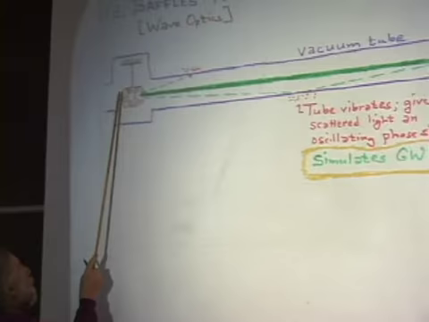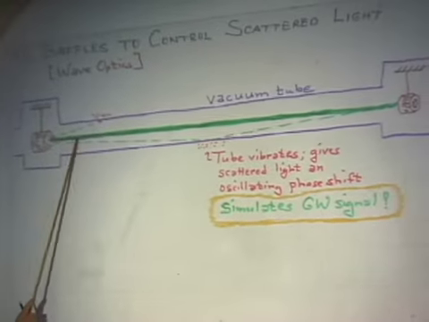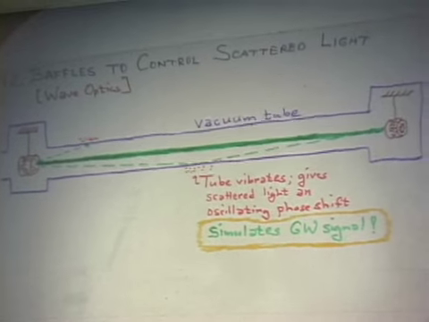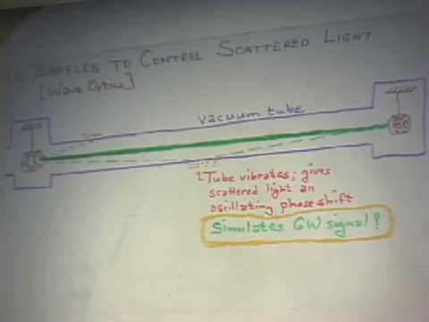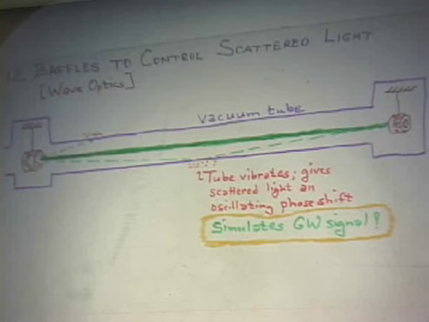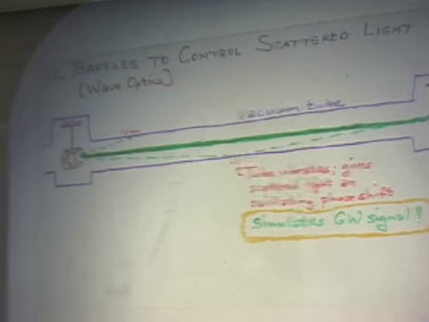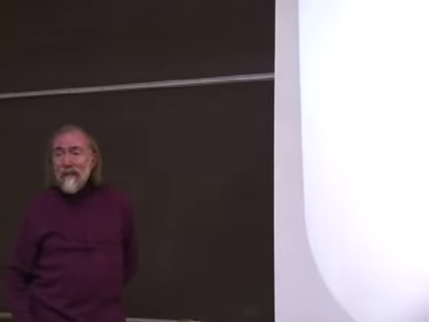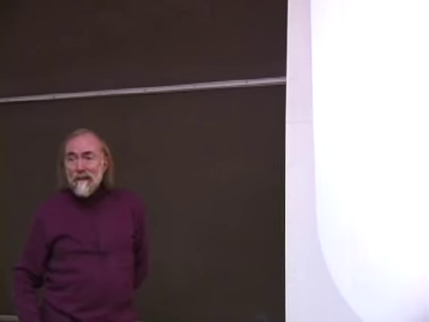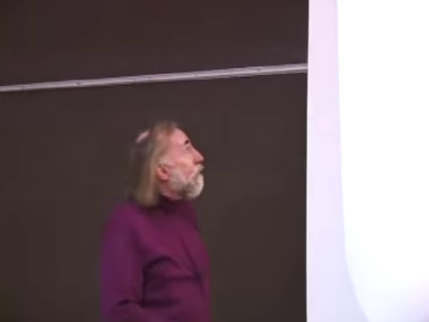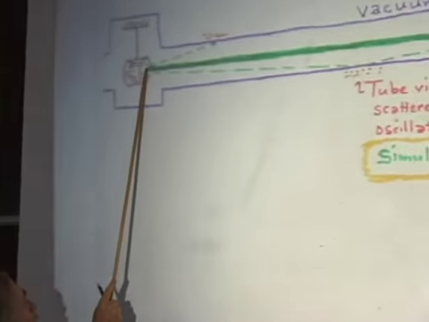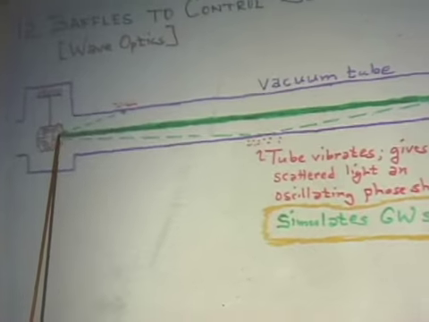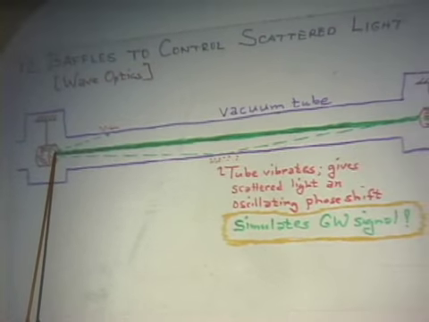Remember that the amount of light that is stored in there is something like 10 to the 18 photons. So there are a lot of photons in there. And the probability of 10 to the minus 7 to scatter means there are something like 10 to the 11 photons that actually scatter every time the light bounces off the mirror. So what happens is that light can scatter off of this mirror, 10 to the 11 of them.